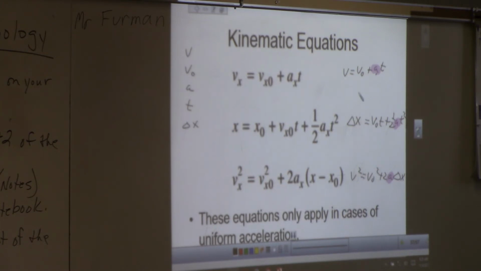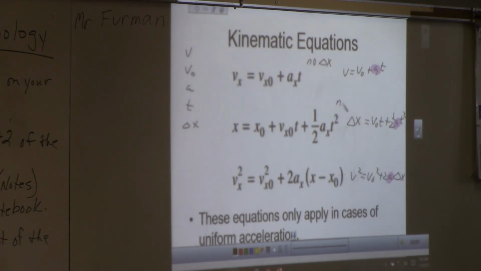Oftentimes what's more useful to observe about these 3 kinematic formulas is what's not there. So I've got v, v naught, a, and t. I have no delta x. There's no displacement in this one. For my next one, I do have displacement, v naught, t, and a.